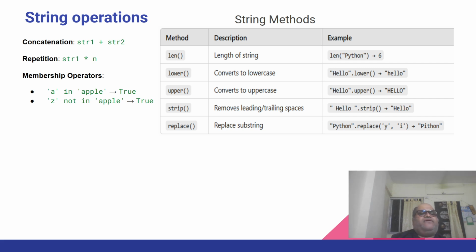So in this slide, we covered some of the commonly used string operations, that was concatenation, repetition, and membership operators through in and not in. And on string methods, we briefly reviewed length, lower, upper, strip, and replace.